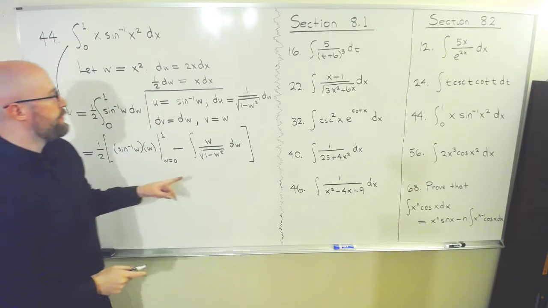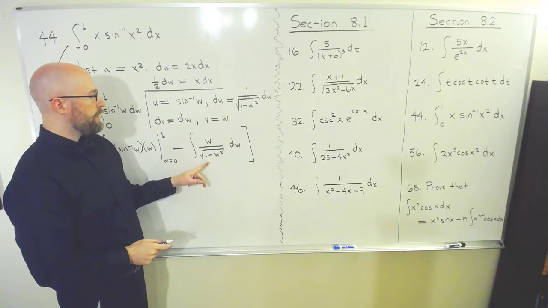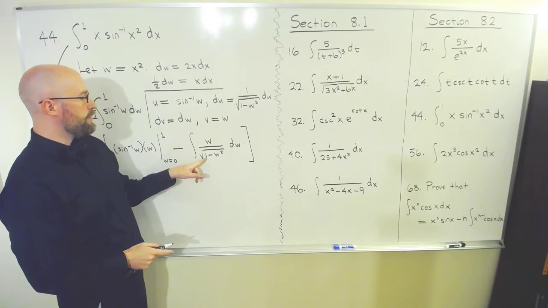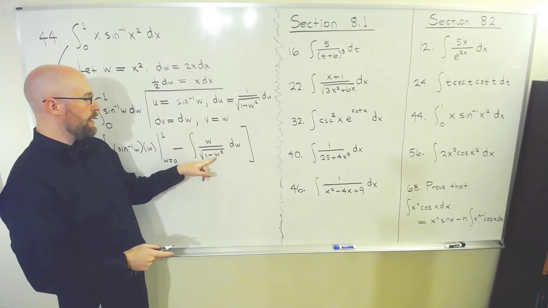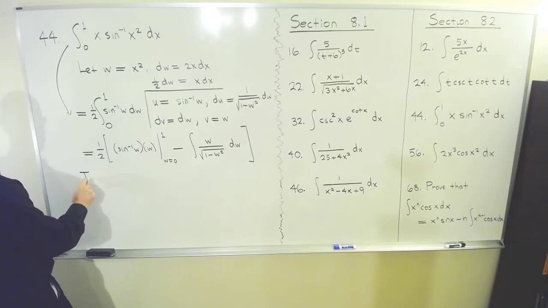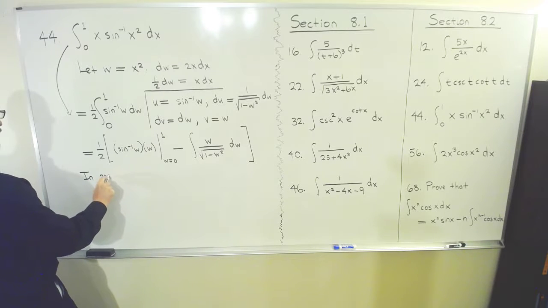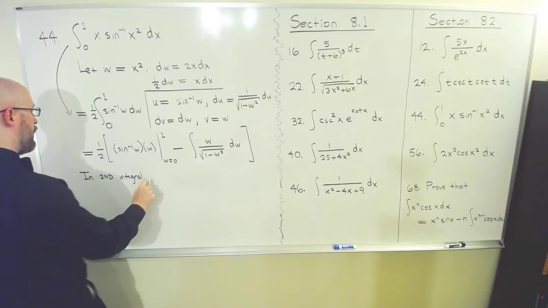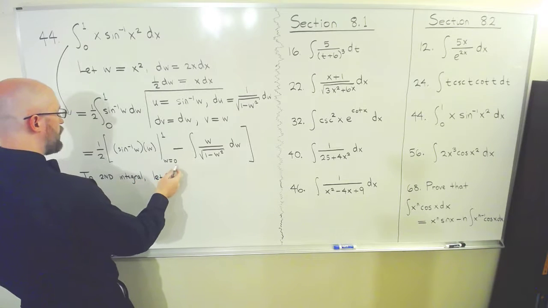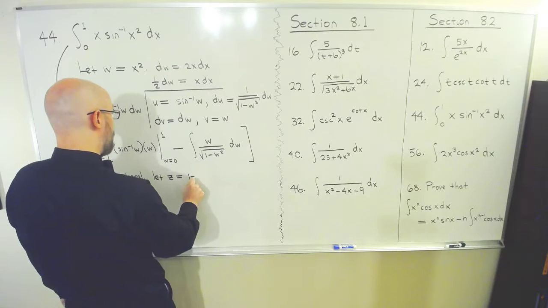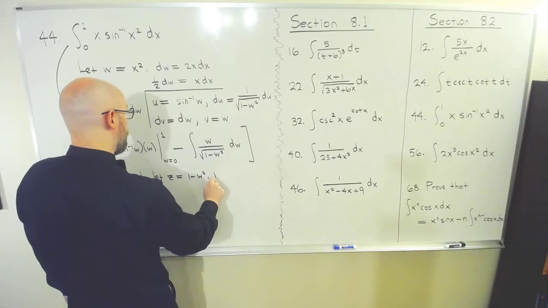Now what I accomplished by this is that now in this formula I can substitute in a new variable that is 1 minus w squared. Say I call that z. So in the second integral, I'm going to define a new variable, which I'm going to call z. Let z equal 1 minus w squared.